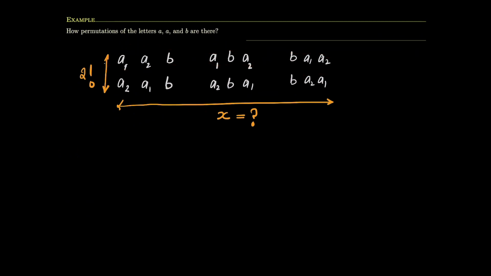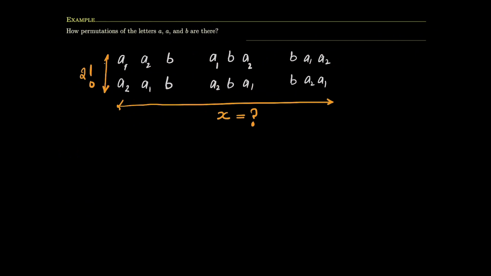Because if A's are not distinct, how many times should we count this? Only 1. And how many times should I count these two? Only 1. And how many times should I count them? Only 1. So X, I hope that you agree, is the number of ways that I want to count. Is that right?